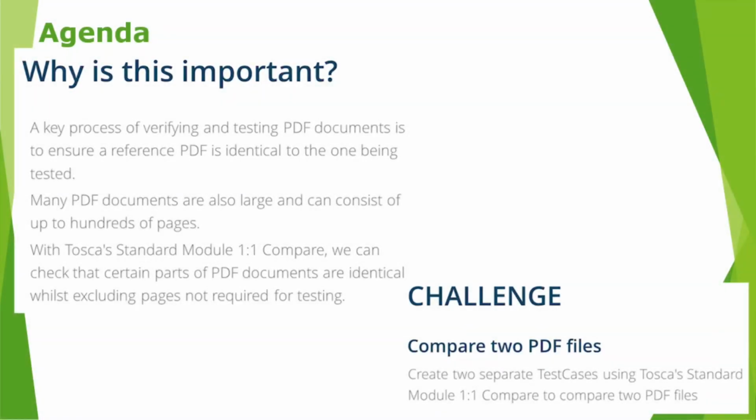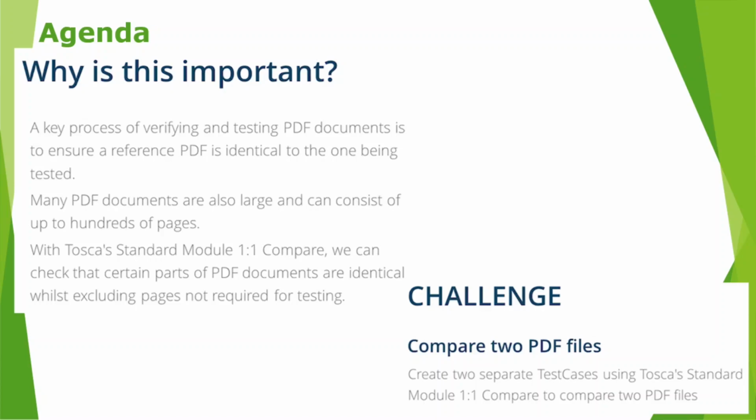Why is it very important to learn the automation of these kinds of scenarios? Because verifying and testing PDF documents is a key process in many industries, like banking, insurance, and loan departments. You need to ensure a reference PDF is identical to the one you are testing.